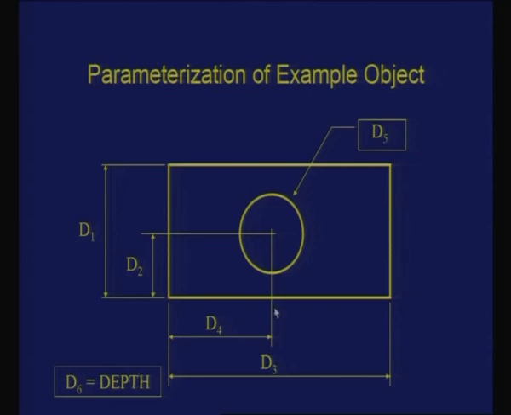The diameter is represented as d5, and the position of the through hole on the part is represented by 2 other parameters, d2 and d4. If I give a set of values d1 to d6, I am able to generate this object. By varying d1 to d6, I get a class of objects. Now let us extend this to what we mean by parametric and variational modeling.